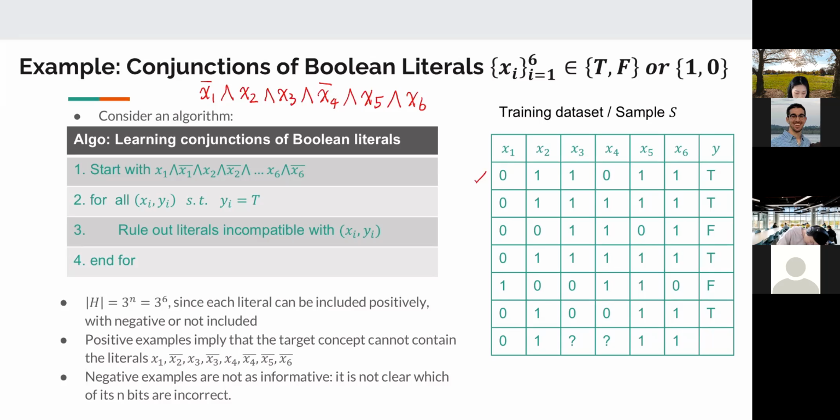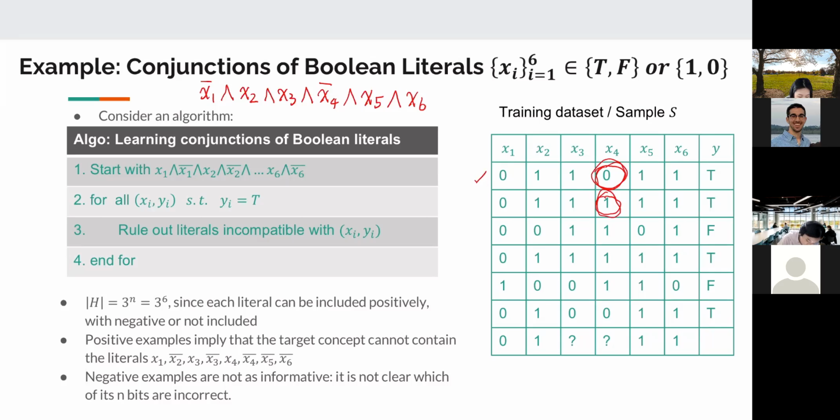Similarly, for the second example, what can you rule out? Notice that there is only one difference here. In the first example, we ruled out x4 because taking 0 would make it true, but now x4 taking 1 also makes it true.